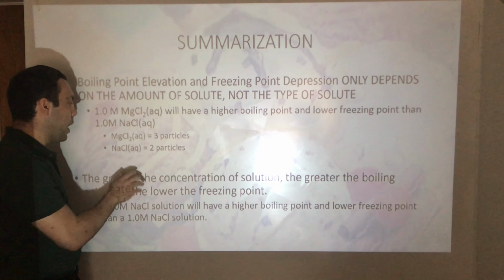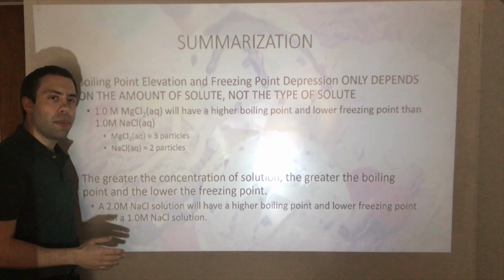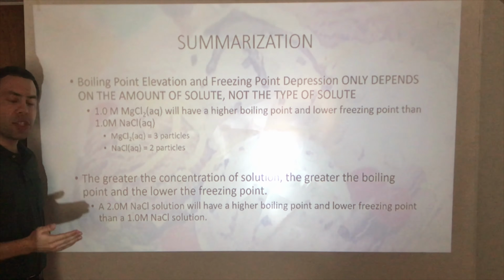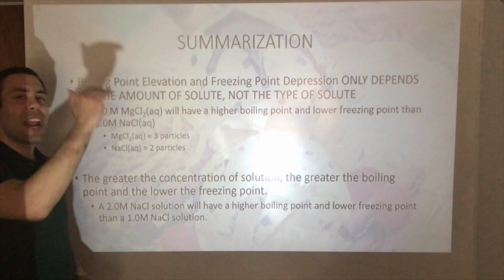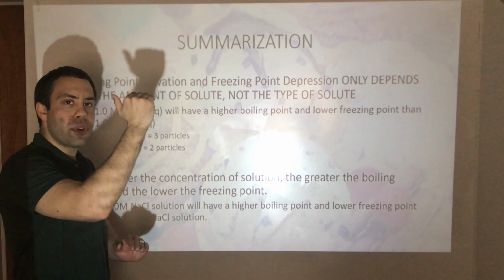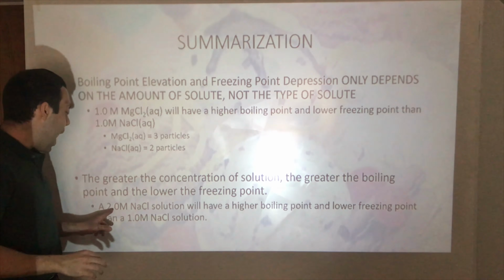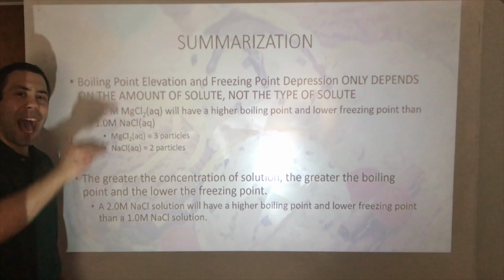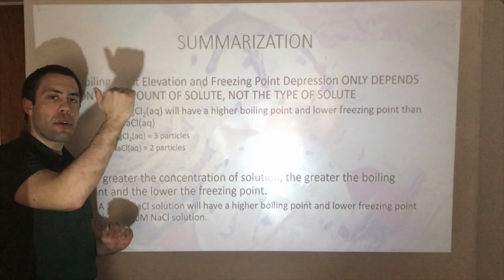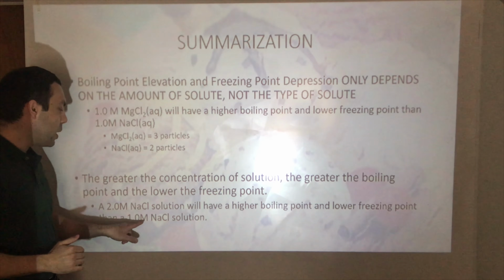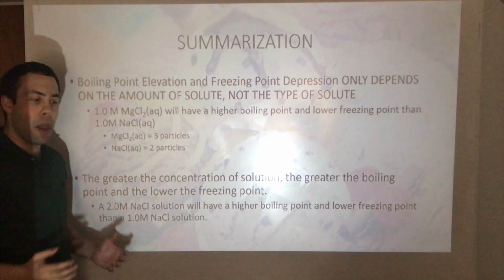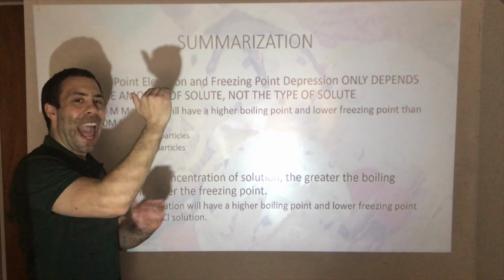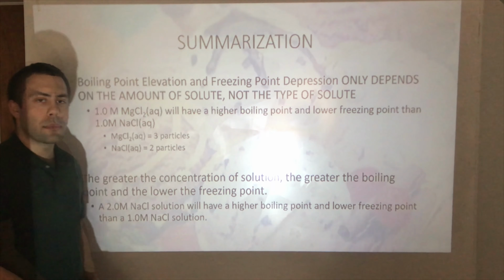When sodium chloride dissolves in water, it only breaks apart into 2 particles. Finally, the greater the concentration of the solution, the higher the boiling point and the lower the freezing point. For example, a 2.0 molar sodium chloride solution will have a higher boiling point and a lower freezing point than a 1.0 molar sodium chloride solution. More stuff dissolved, the higher the boiling point and the lower the freezing point.